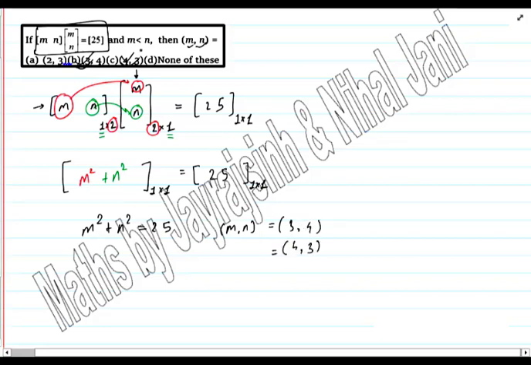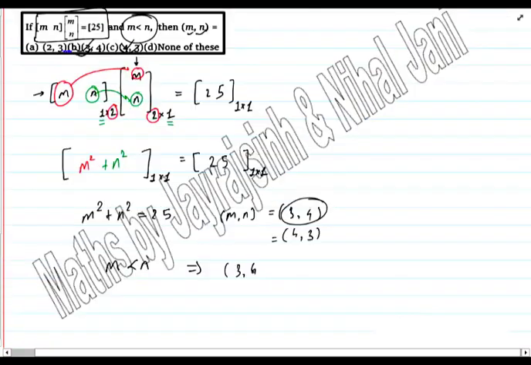But the other condition, which says that m is less than n, is only satisfied by 3, 4, right? So option B is your right answer, not C.